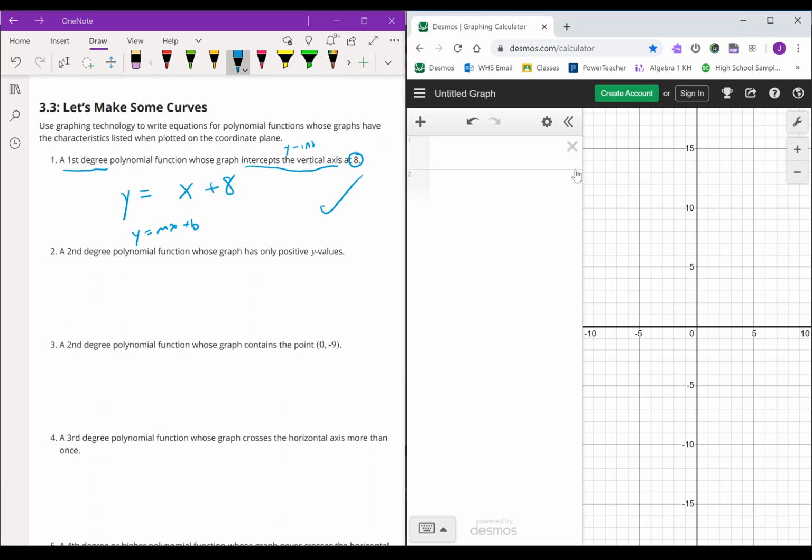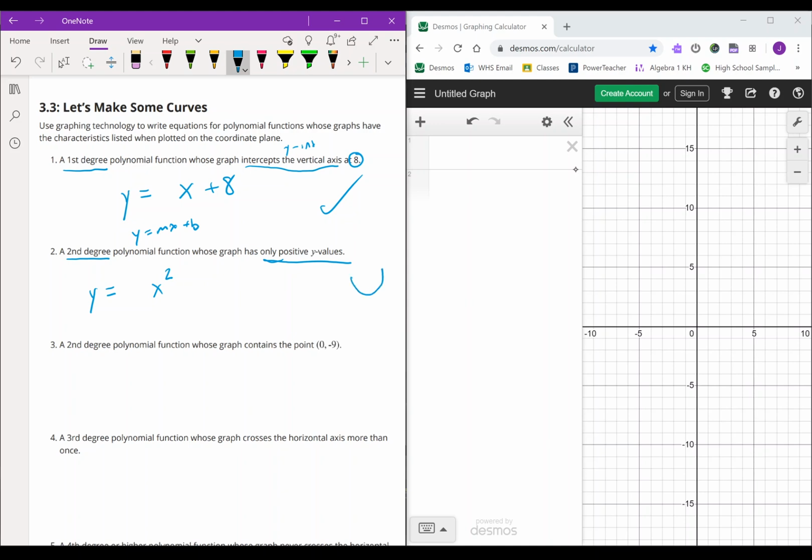A second degree polynomial whose graph has only positive y values. So second degree, that means my function must be x squared. Now if I wanted to only have positive y values, that means I know that it has to open upwards.